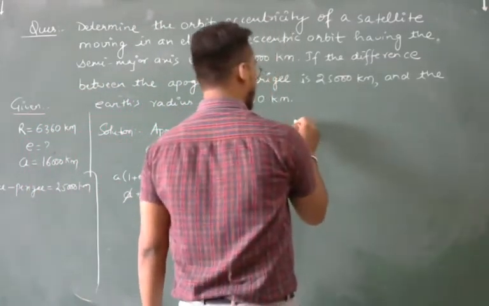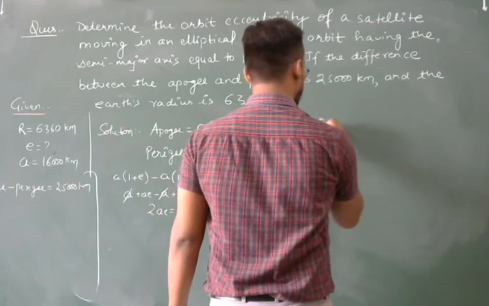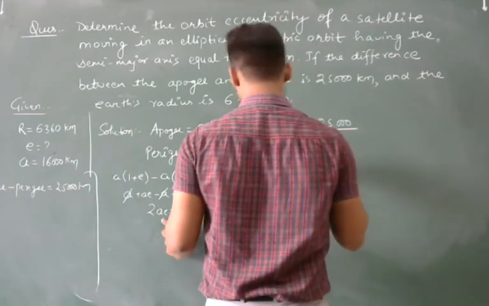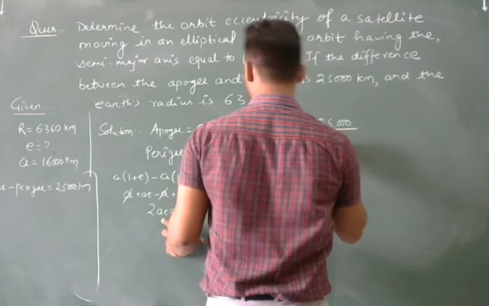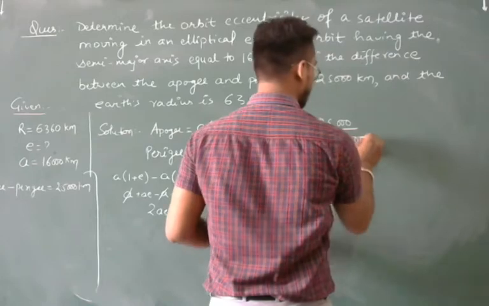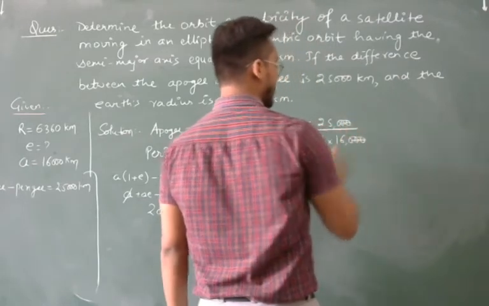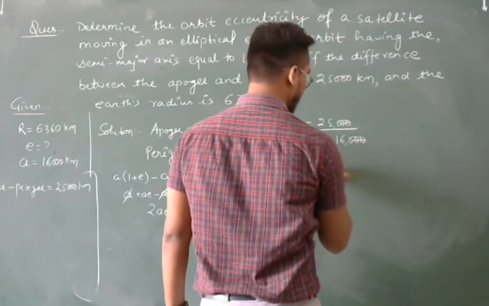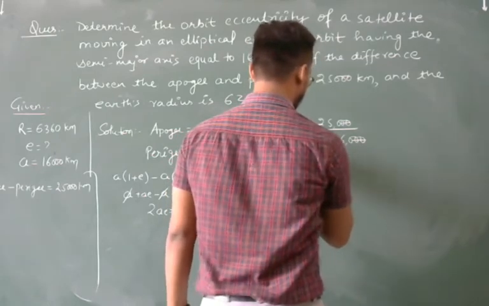E is equal to 25,000 upon 2 into A. What is A? 16,000. That means the zeros cancel, and we have 25 upon 32.